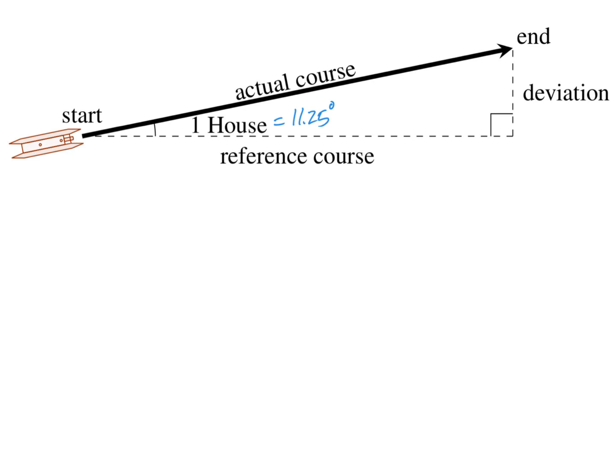If, let's say, we traveled for one day, in one day, usually we travel about 120 nautical miles. So we know that this distance would be 120 nautical miles. What is our deviation? How far are we off course?